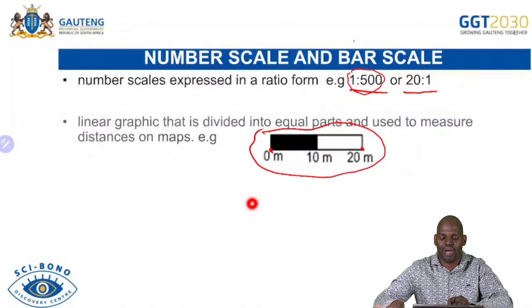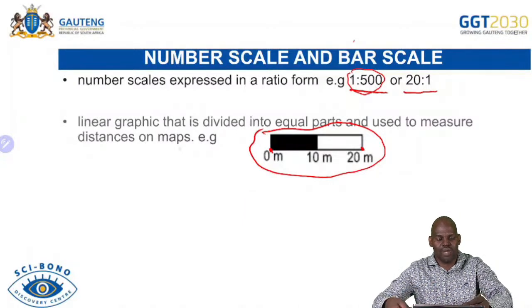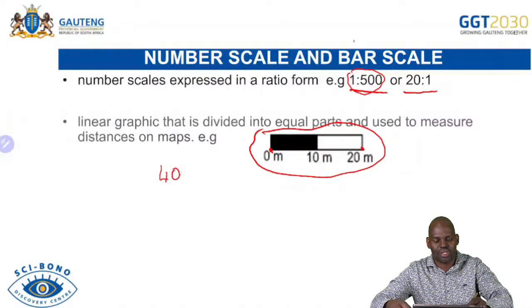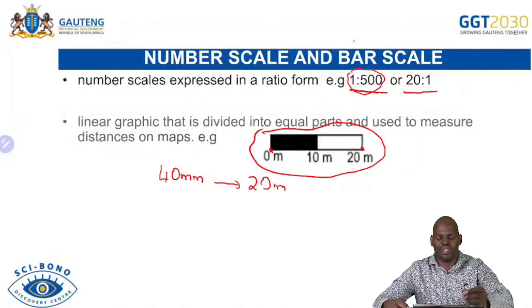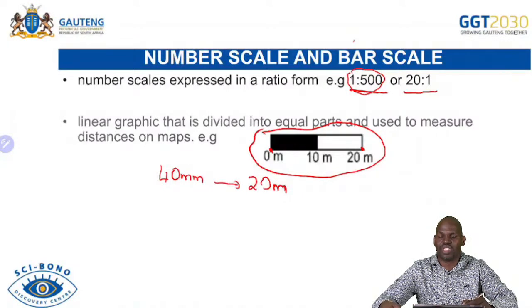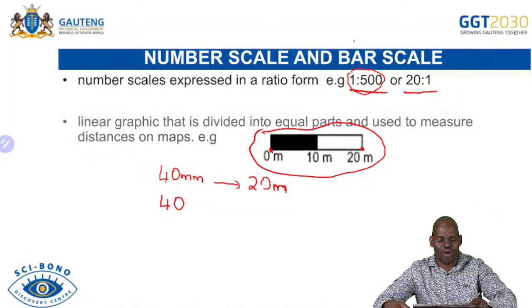So what does this mean? It means 40 millimeters is the same as 20 meters in reality, or you can write it in ratio form: 40 millimeters is to 20 meters.